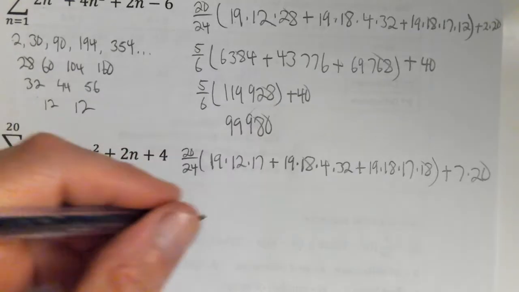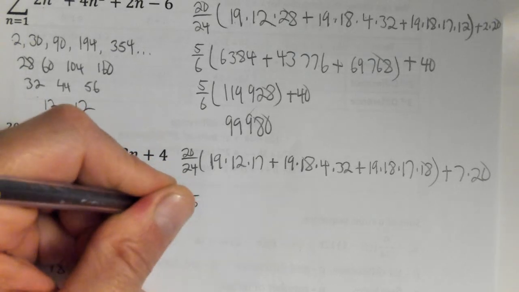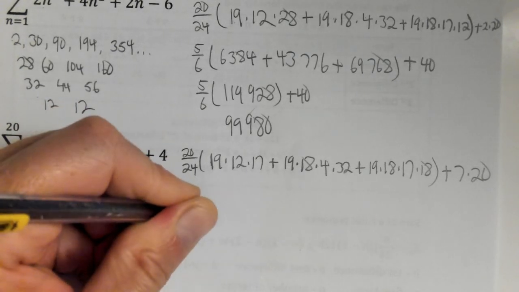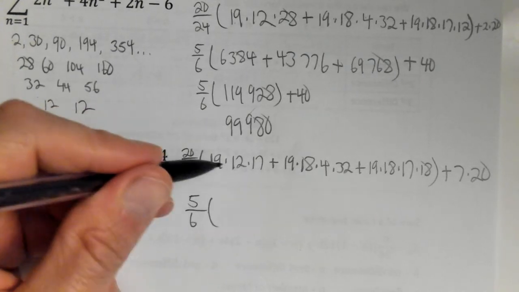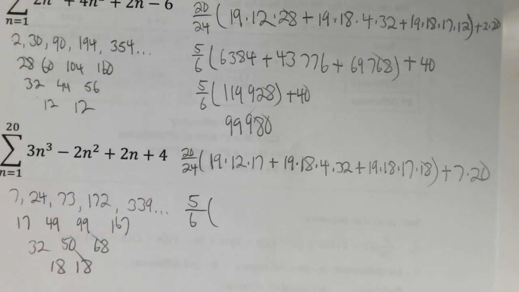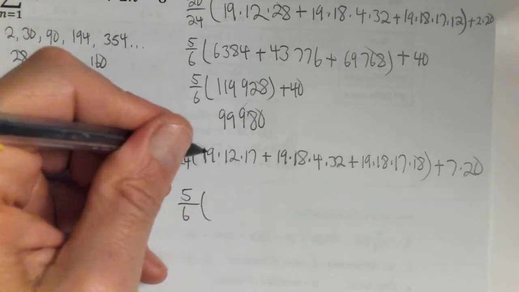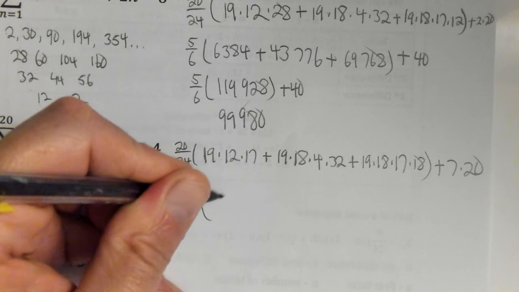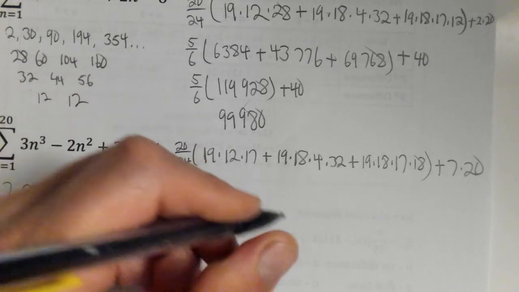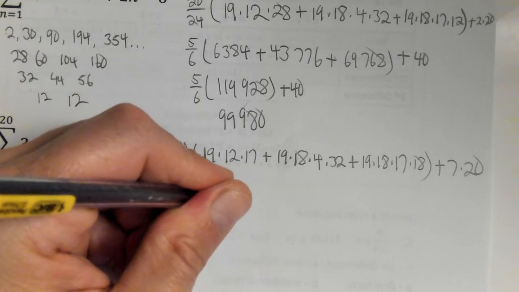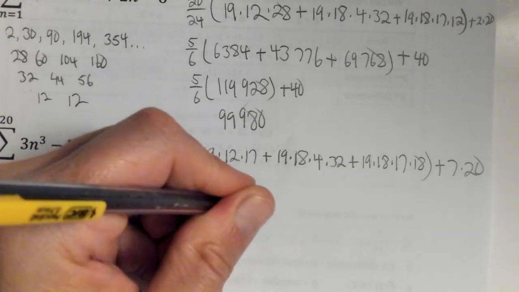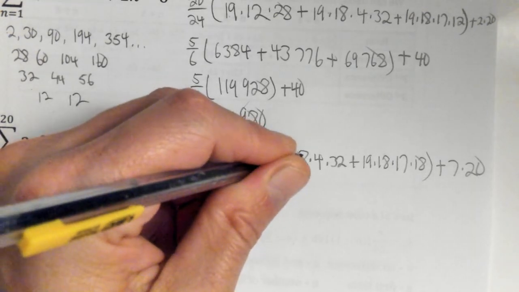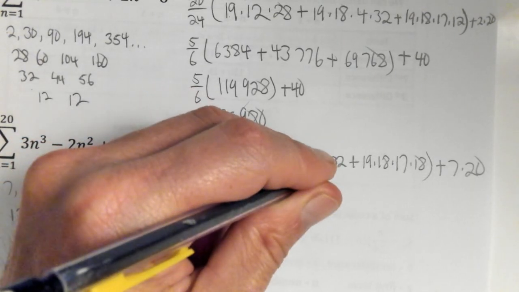This same fraction now also reduces down to 5/6. And so multiplying here inside the parentheses first, 19 times 12 times 17, that should yield me 3876. Okay, plus 19 times 18 times 4 times 32.